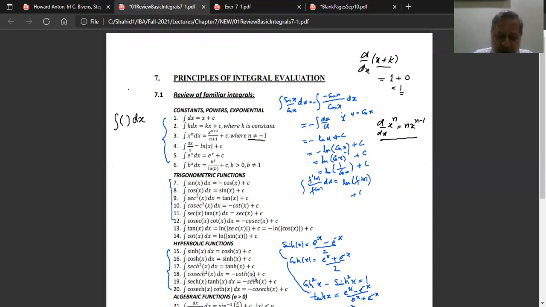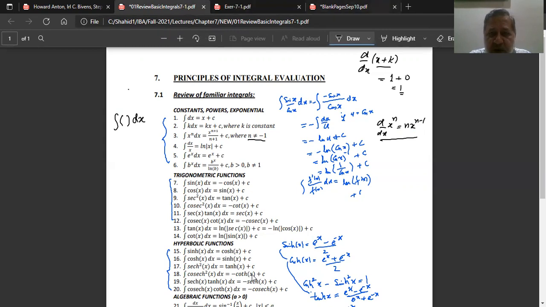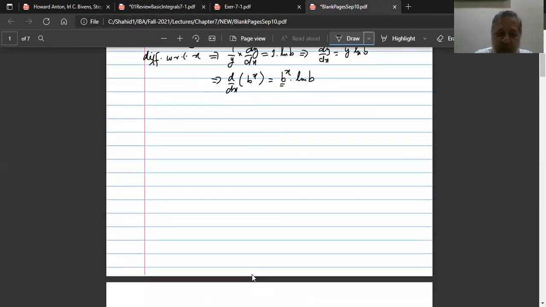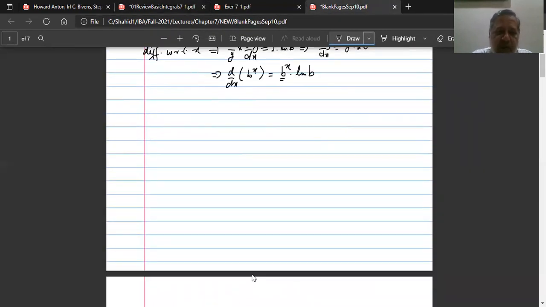Now, trigonometric functions. You know the derivative of sine is cosine. Let me discuss these things separately. Derivative of sine x is equal to cos x. Now, the result is cos x.